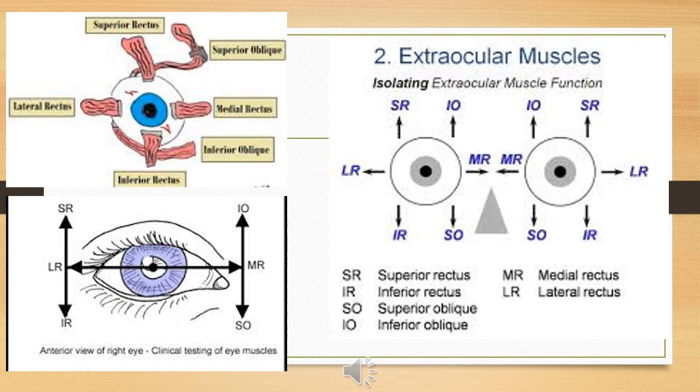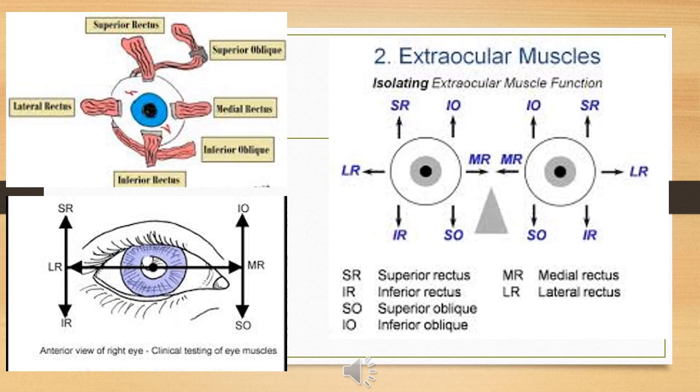By this you are examining the superior rectus muscle. In the same position, direct your finger downward in front of the patient and ask the patient to look at your finger without moving his head, and by this you are examining the inferior rectus muscle.